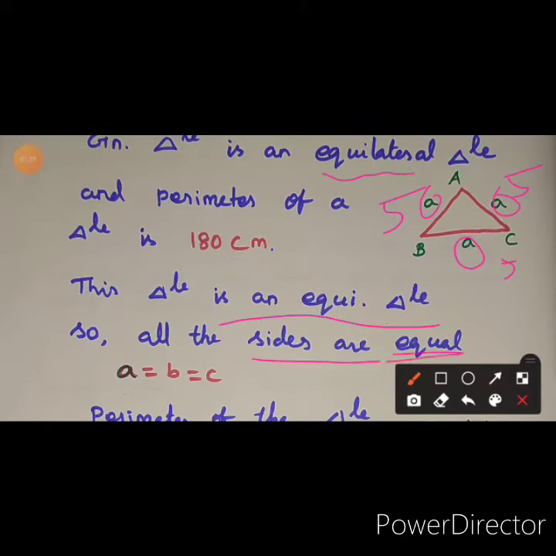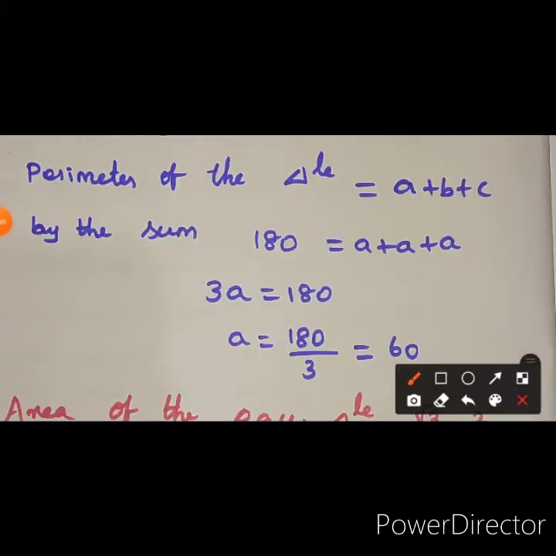So, A equal to B, B equal to C, C equal to A. Perimeter of the triangle, by the formula, is A plus B plus C. By the sum, perimeter is 180 centimeter. Here all sides are equal, equilateral triangle.